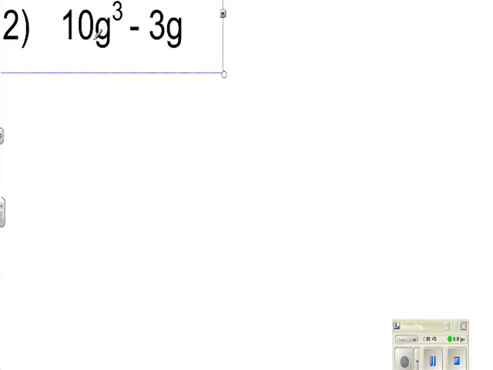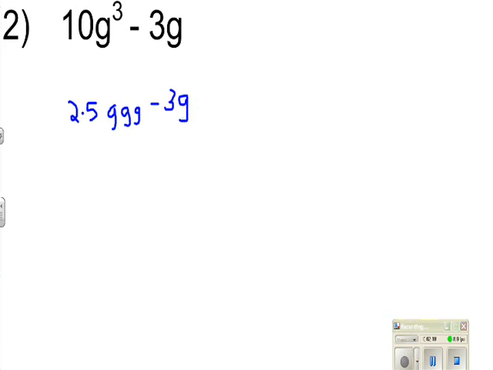Let's try this one. Now, 10 factors into prime factors 2 and 5. 2 times 5 is 10. Those are both prime. Can't break it down anymore. You can make a tree if you want, but it's not going to be a big tree. And 3 g's, minus 3 and a g. 3's prime. There's nothing you can do with it.